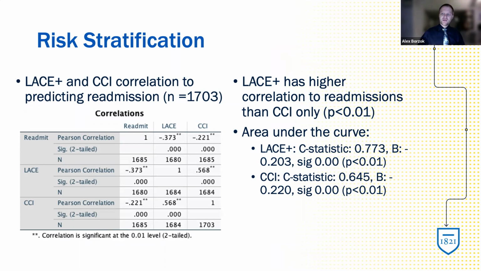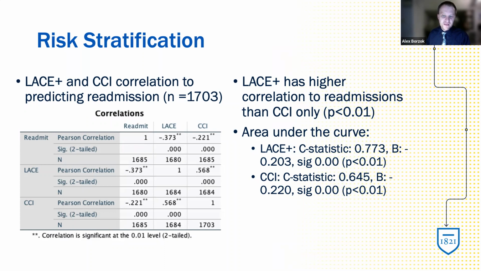The interesting thing here, and it is sort of expected, is that both of these scores had high correlations to predicting readmissions for these patients. However, the LACE score had a slightly higher correlation compared to the Charlson Comorbidity Index, or CCI score. We also looked at the area under the regression curve and calculated the C statistic.